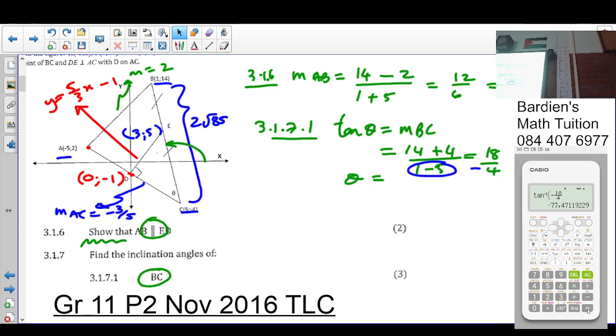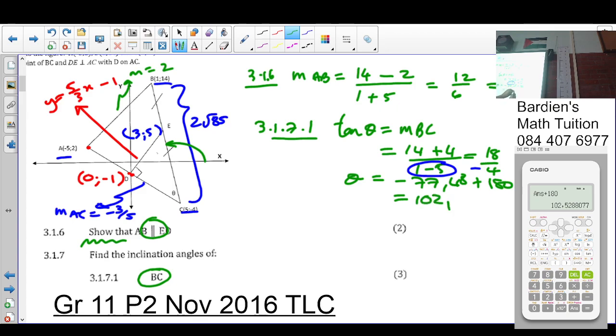So it's negative 77,48. And then I add 180, as we want the number to be positive, which is an obtuse angle of 102,53. Okay. Any confusion there? No?